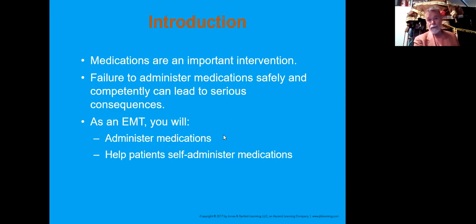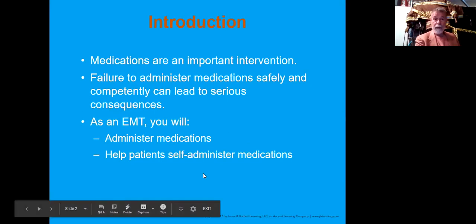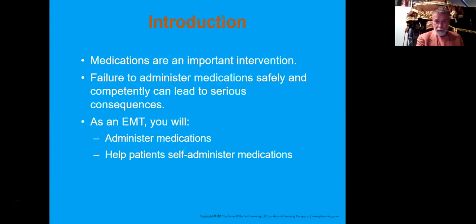Now, you certainly have the opportunity to administer medications. There's self-administered medications, whether this is an SVN, which is a small volume nebulizer, or a handheld inhaler that someone may be using. Again, there's a difference between administering and self-administering, what we refer to as patient assist, two different things. Think of it this way.